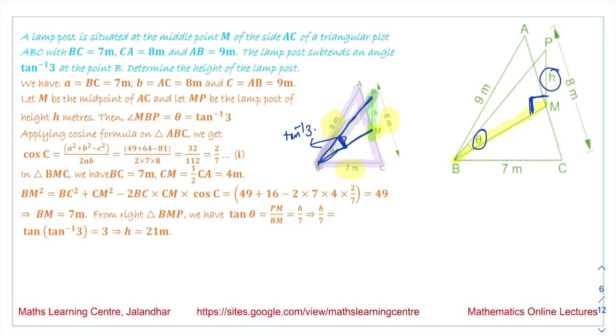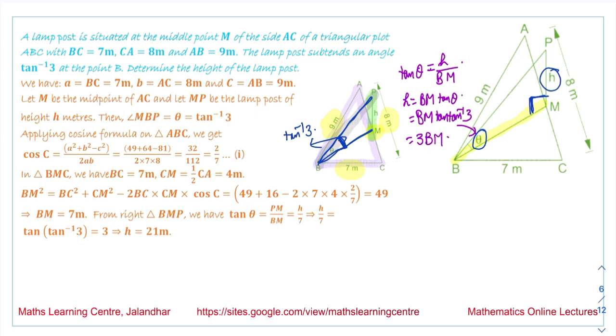If we are able to calculate the length of the side BM, we know this angle theta. Then by using the formula for tan theta, we obtain tan theta is equal to h over BM. So the value of h is BM into tan of theta, which is BM into tan of tan inverse of 3. So this is equal to 3 times BM.